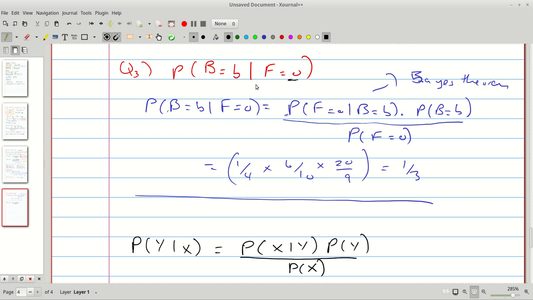So what we can actually infer is that the probability that the box is equal to blue, in this case, is the most complete information we actually have, right? Because here we're computing the probability that the box is blue given that the fruit is orange. But imagine we didn't know the fruit was an orange. The only information we have about the probability of the box being blue is P(B) equal to B. This is all the information we have.